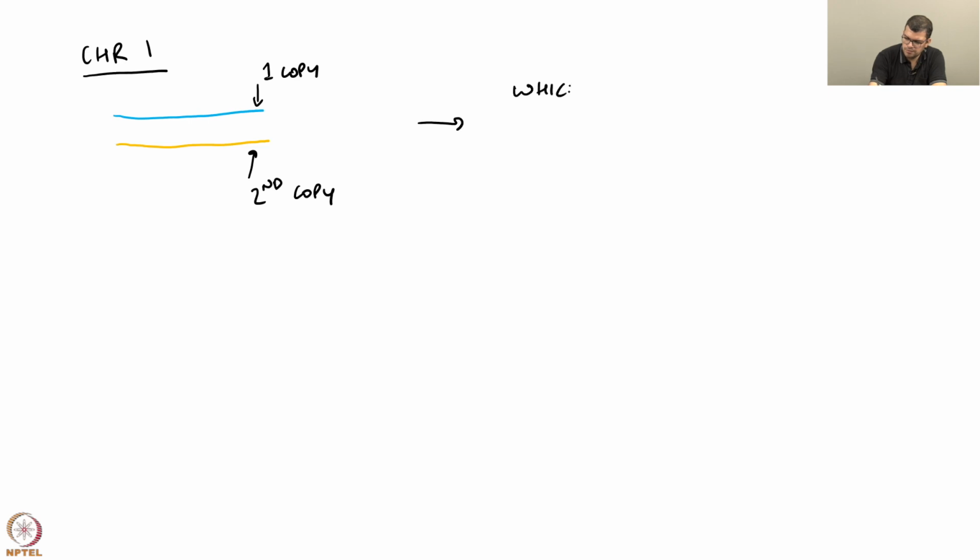This is one copy from one of my parents, this is the second copy from my other parent. And the question is, which of the two do I pass to my offspring?